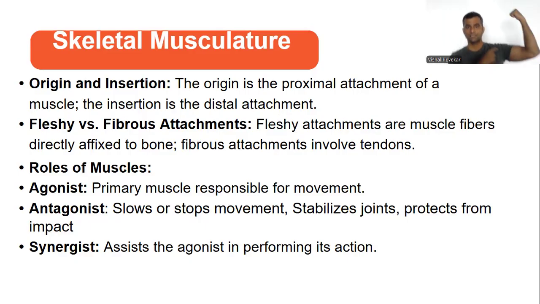If I take the example of my bicep as a muscle, I have my biceps starting from this end, attached to this end, which is my origin. It crosses my elbow joint and inserts onto my forearm, which is my insertion.